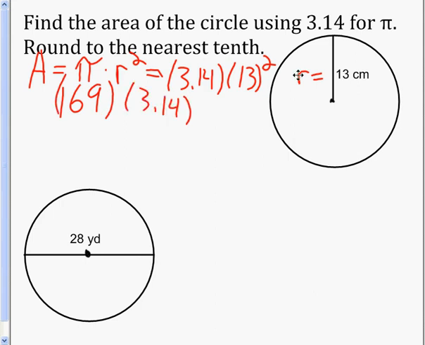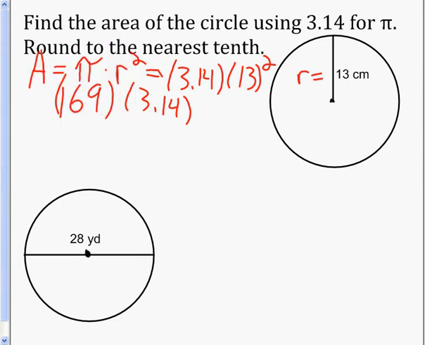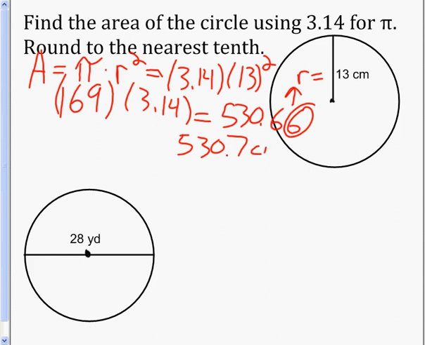And then we'll use our calculators. You get 530.66. So again, we have to round to the nearest tenth. 6 is going to round up because it's greater than or equal to 5, so we're going to get 530.7, and this is centimeters squared. Don't forget the labels are always squared when we're solving for big A.